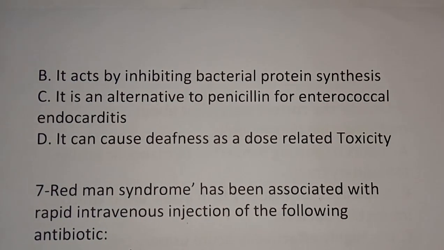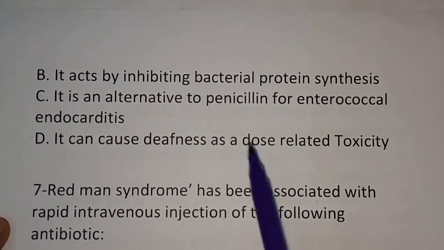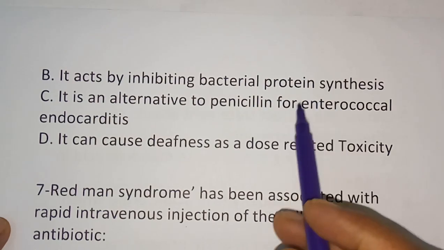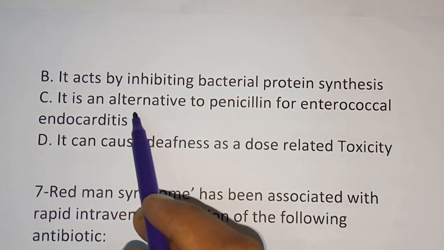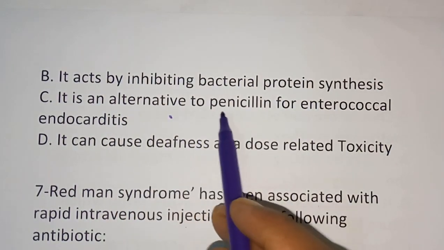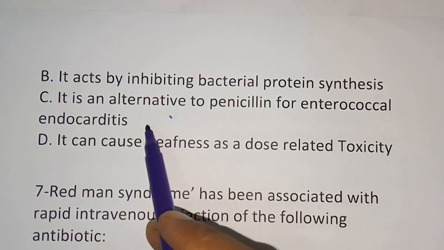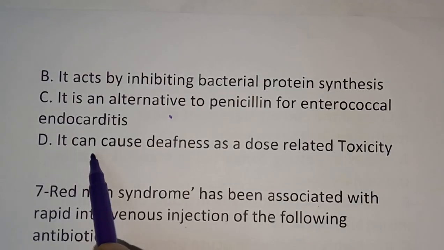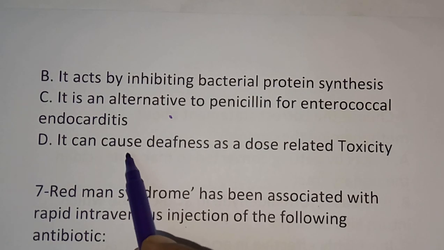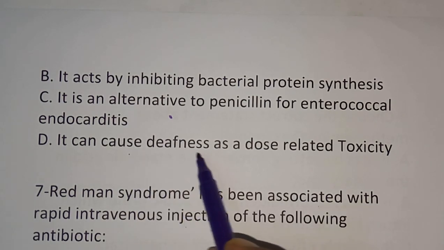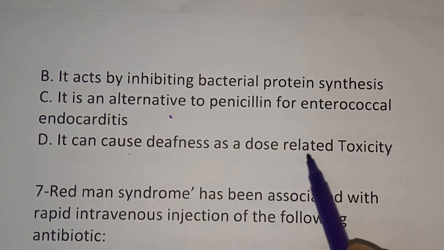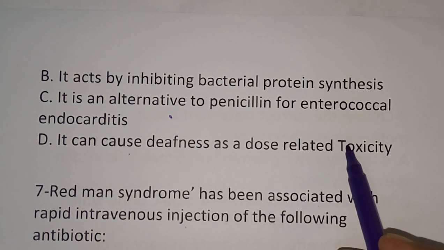Option B, it acts by inhibiting bacterial protein synthesis. Option C, it is an alternative to penicillin for enterococcal endocarditis. Option D, it can cause deafness as a dose-related toxicity.